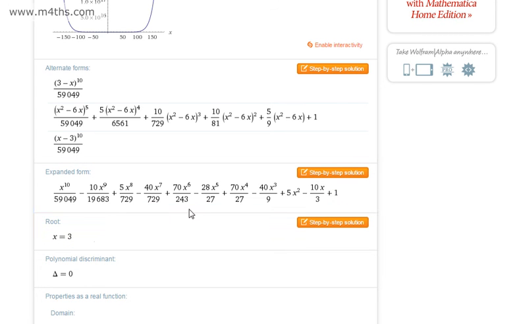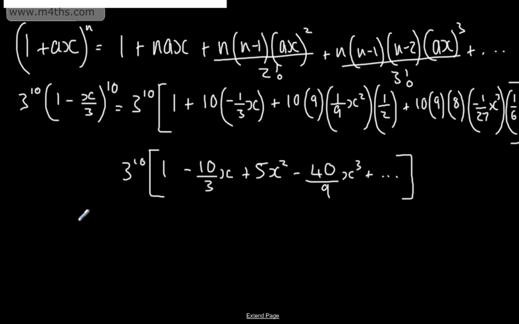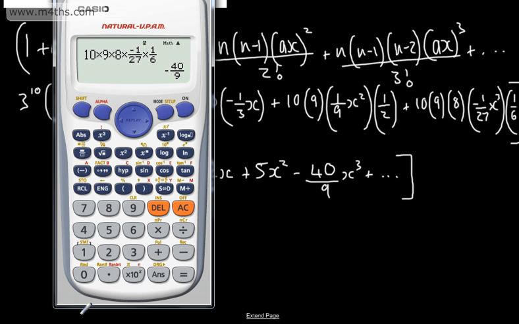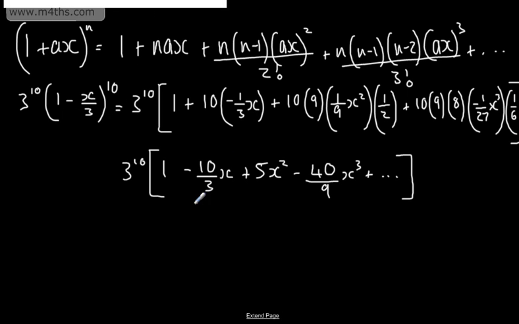And all we need to do at this stage is go ahead and multiply through by 3 to the 10th. 3 to the 10th is going to, as I said, be huge. So 3 to the power of 10 is going to be pretty big. So there we go, 59049, that's the first term.